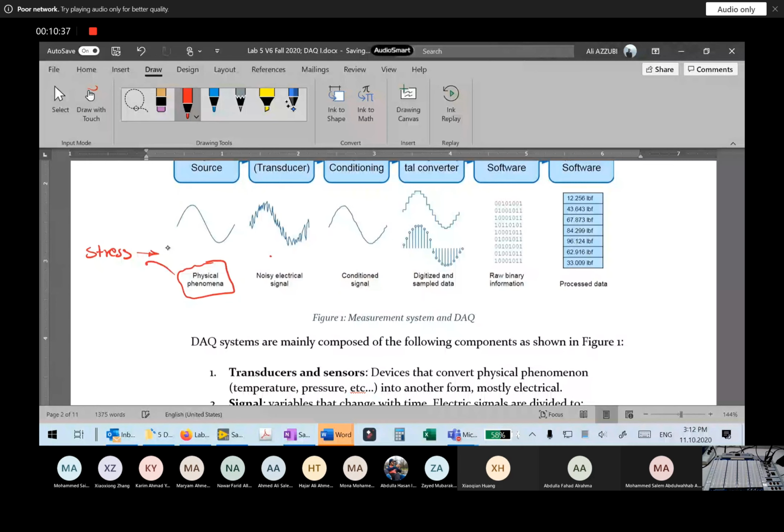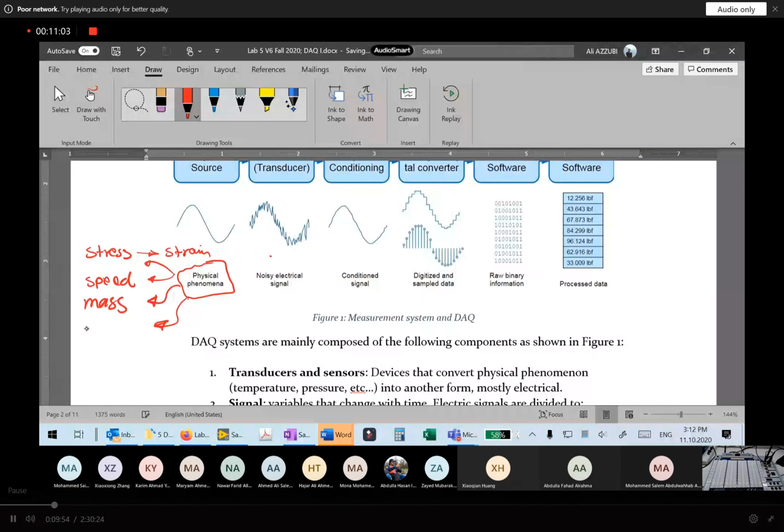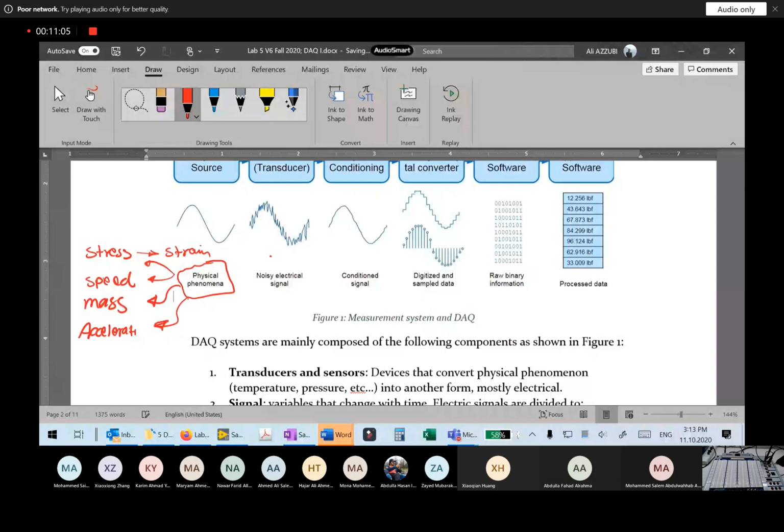You can measure speed. You can measure mass. You can measure acceleration. You can measure wind speed.